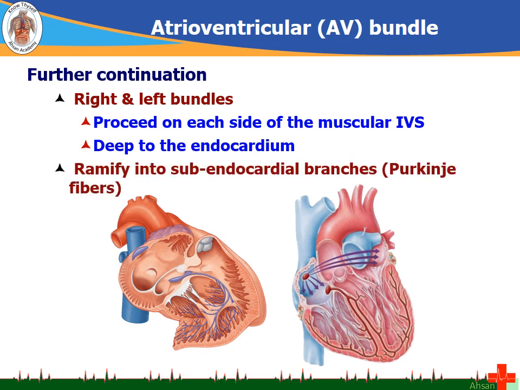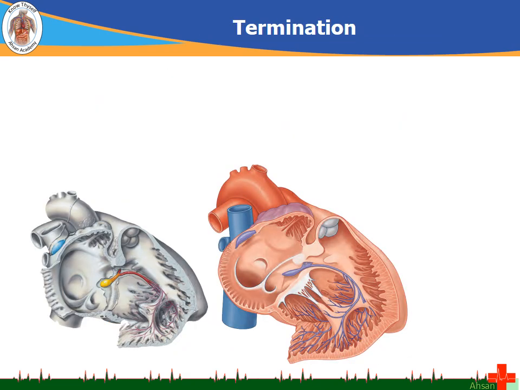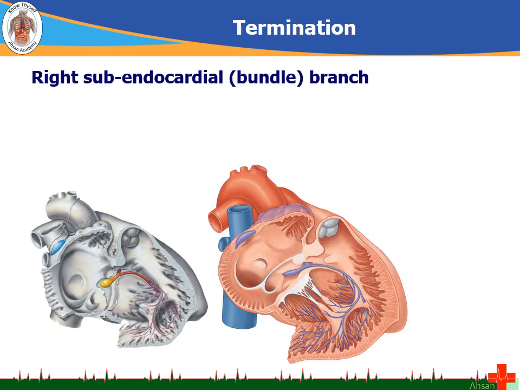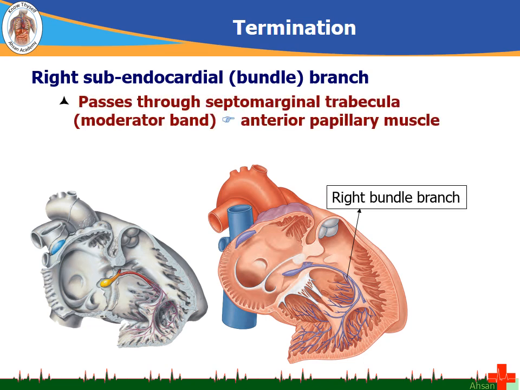Let us discuss the bundle branches. The right bundle branch is also known as the right subendocardial branch. It passes as a single branch just on the right side of the muscular part of the septum, and it enters the moderator band.